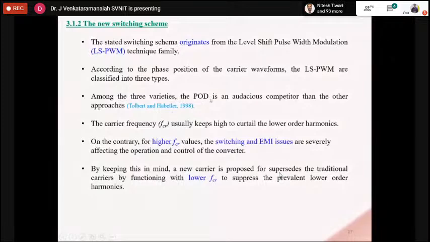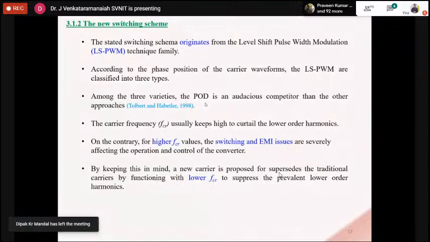So I adopted POD, and the carrier frequency is usually kept high to curtail the lower order harmonics. That's what we do in POD or APOD techniques for multi-level inverters. Because we are operating multi-level inverters for high voltage applications, if the carrier frequency is too high, dV/dt is too high.